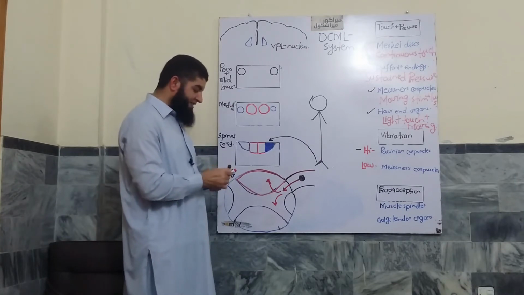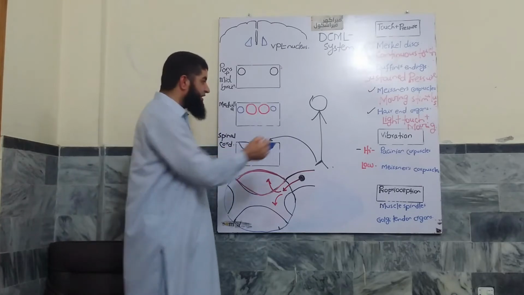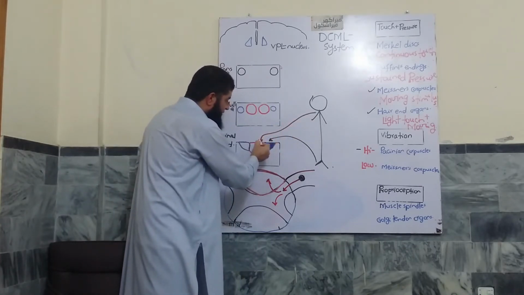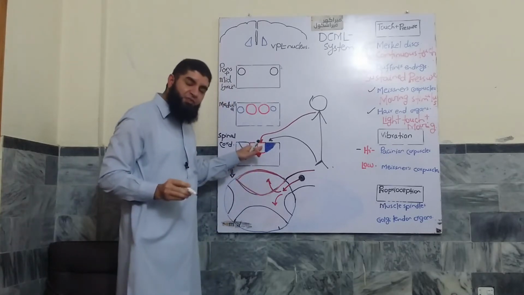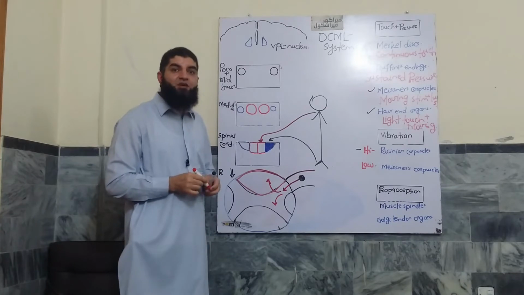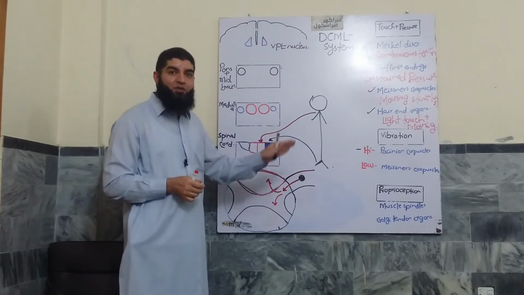However, the sensory input from upper parts, the cervical region and the upper limbs, will enter the spinal cord and will predominantly reside in this medial part of the posterior columns we call fasciculus cuneatus. C for cuneatus, C for cervical region.